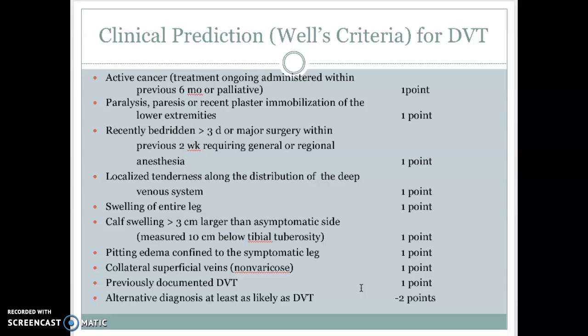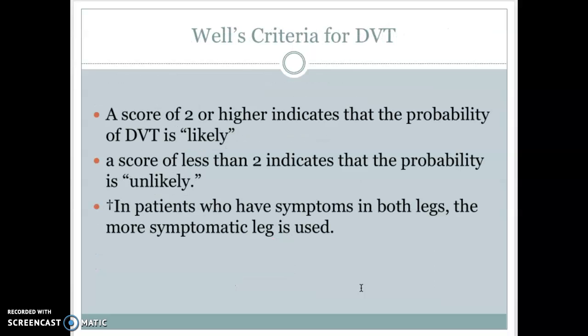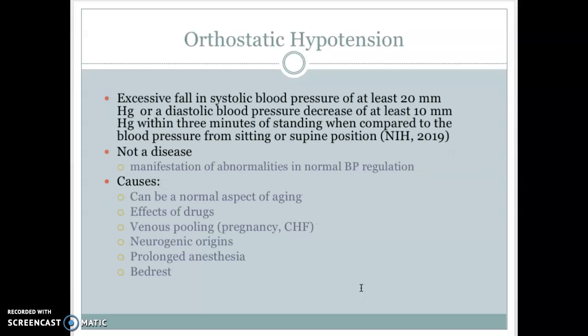But in general, this is a quick and dirty way for us to assess a patient and say, oh my goodness, they've recently had surgery, they have tenderness in the leg and or swelling in the leg. Those are the most common applications of this criteria, and we're going to say they are at risk for a DVT.